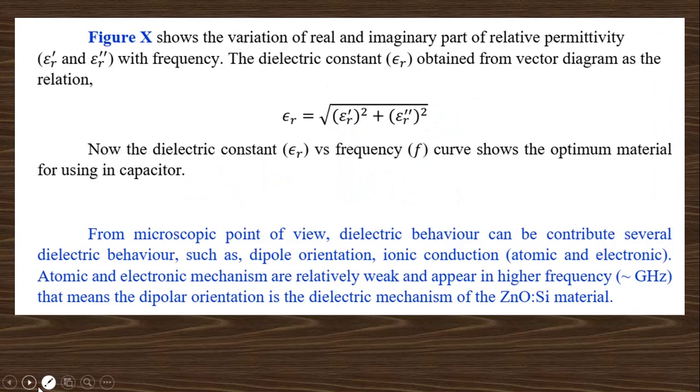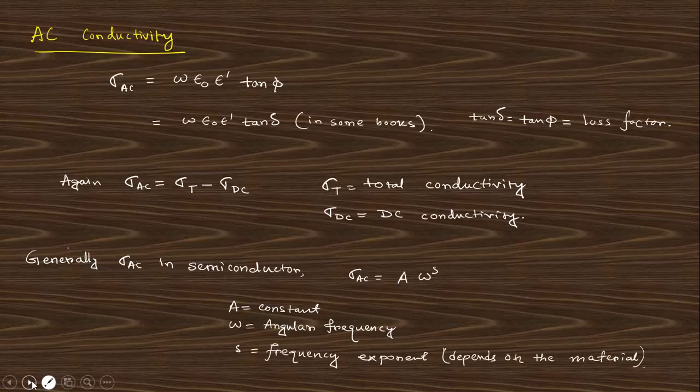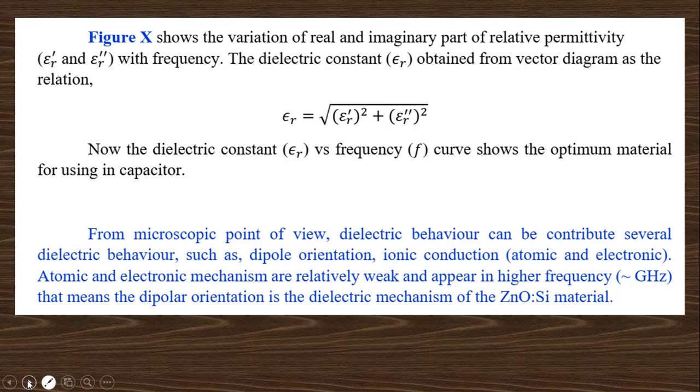And this instrument does not measure only these two parameters, it also measures other things, and from these parameters we calculate the AC conductivity of this material. This is AC because it is frequency dependent, that's why it is the AC conductivity. This AC conductivity is related to this, and this conductivity relation was formulated elsewhere.